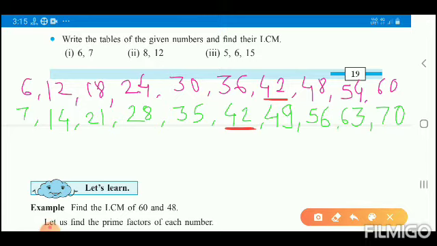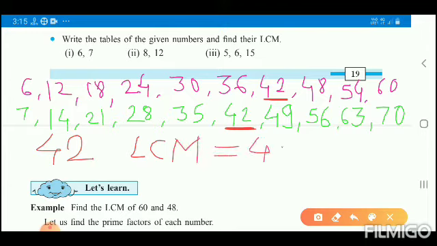Is there any other number which is common in these tables? No. So here the least number which is common between the tables of 6 and 7 is 42. So the LCM of 6 and 7 is equal to 42.